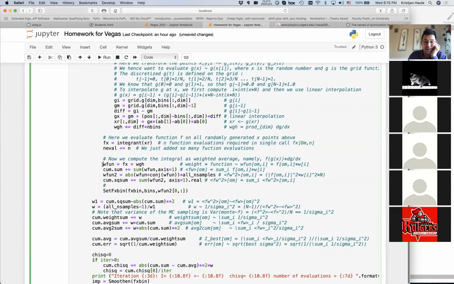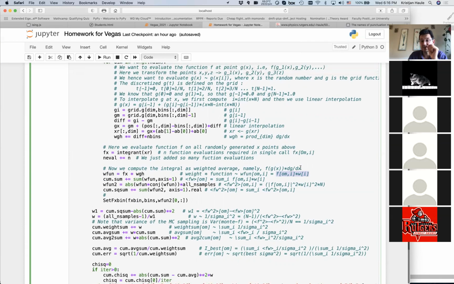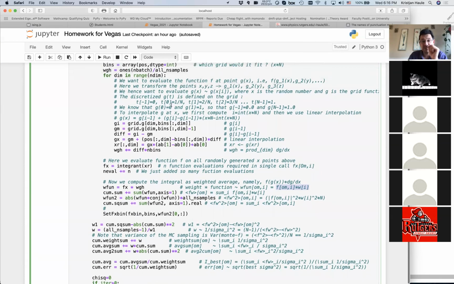Now, here is the crucial step. We have f, which is a two-dimensional array of omega and I. So you can call this I; basically, it's a batch size. And we need to multiply this with weight, which depends only on I, and doesn't depend on frequency. So weight depends only on the batch because it's calculated in exactly the same way as before.